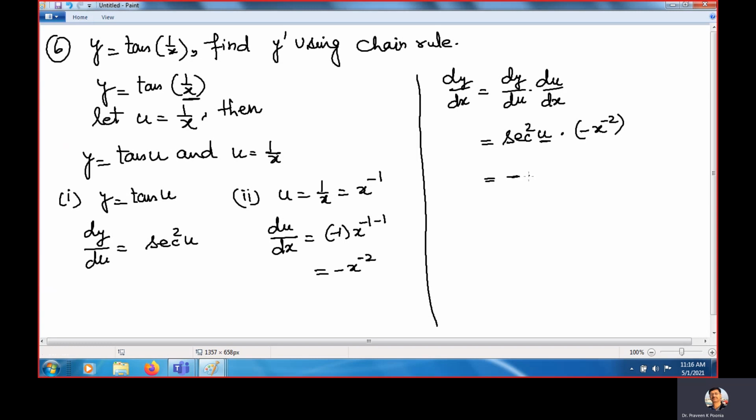So it is negative sec square (1 upon x) into x power minus 2. Clear? You can take x power minus 2 in the denominator. So it will be minus 1 upon x power 2, and it will be sec square 1 upon x. This is the answer.